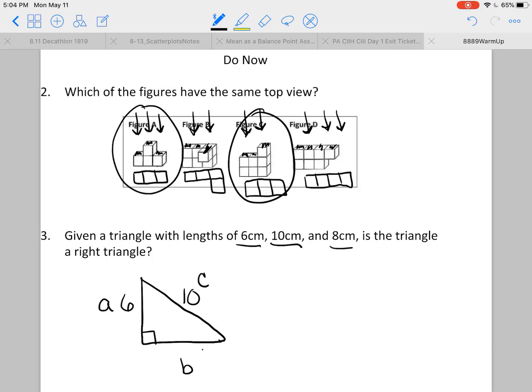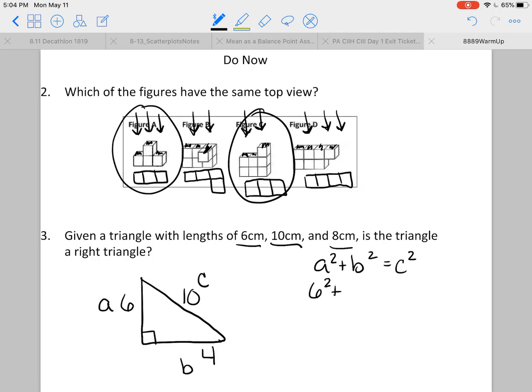So I'm just going to say that A is equal to 6 and B is equal to 4. And the Pythagorean theorem is what we use with right triangles to either find a missing side or to determine if the 3 sides make up a right triangle.